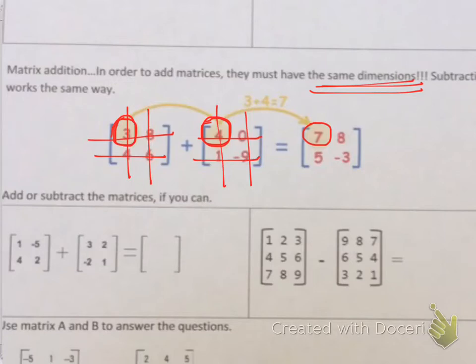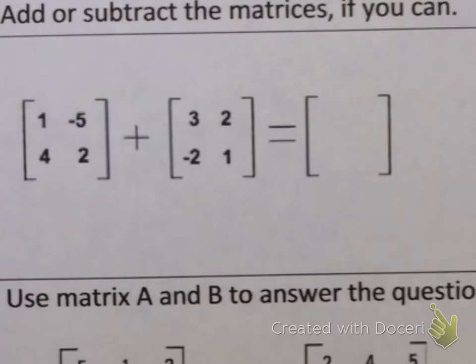So what we're going to do is add or subtract the matrices, because subtraction works in the exact same way. Our first one: this is a 2 by 2 matrix, and this is a 2 by 2 matrix. Because they're both 2 by 2, I can add them together position by position.